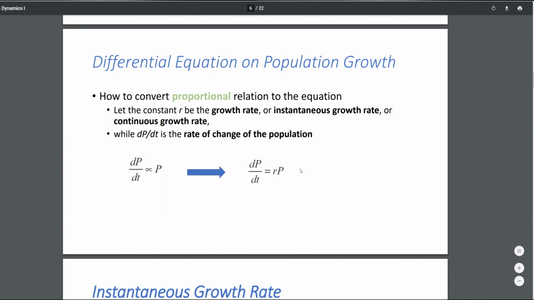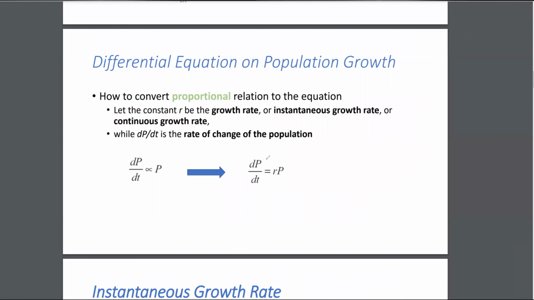Now we want to analyze this. What does this math statement mean? It means two things. If there is a really small change in your population over a really small time, that is equivalent to the rate of change multiplied by the existing population.